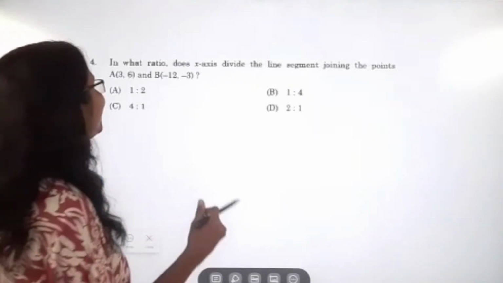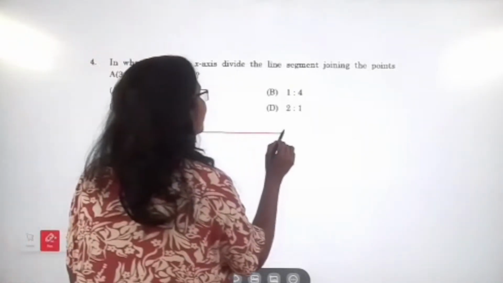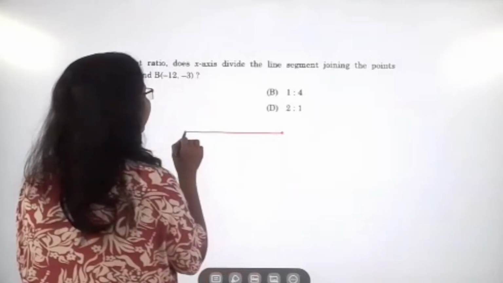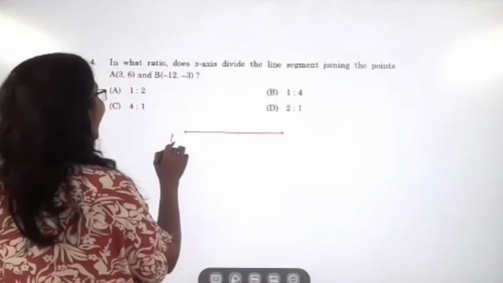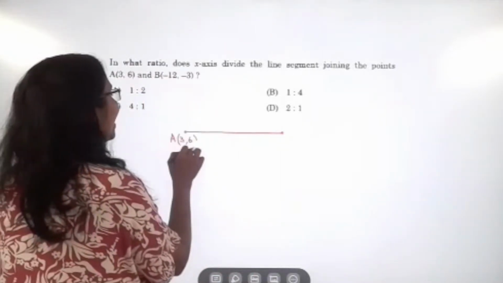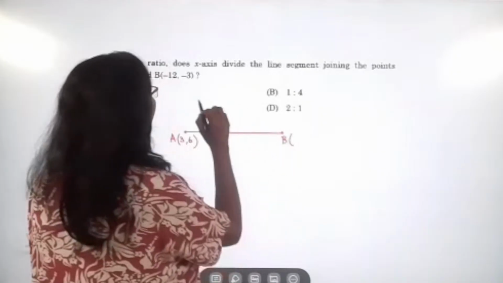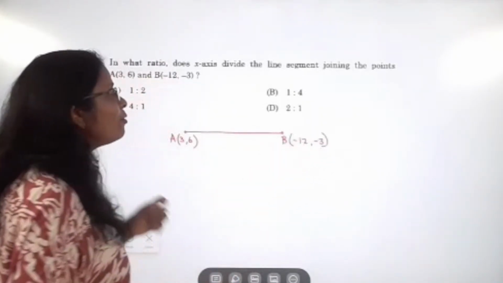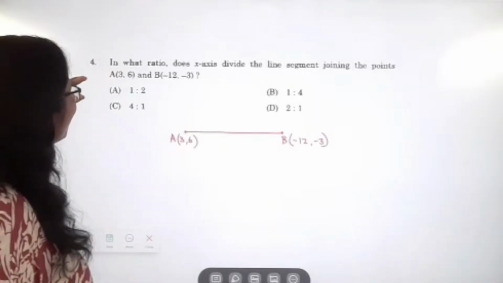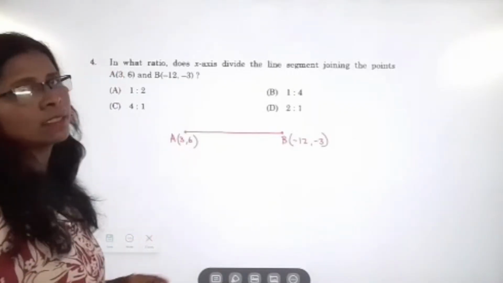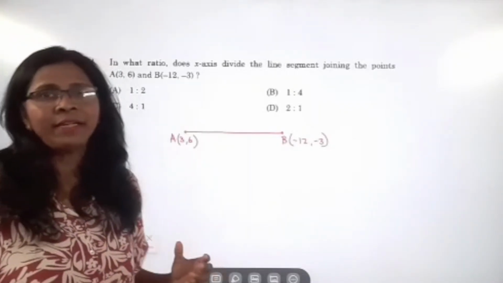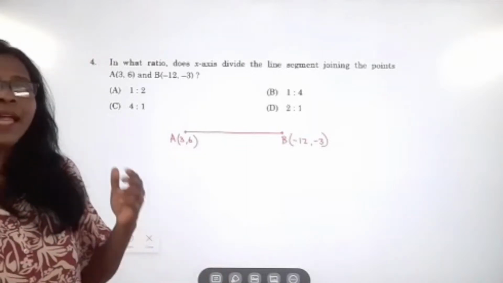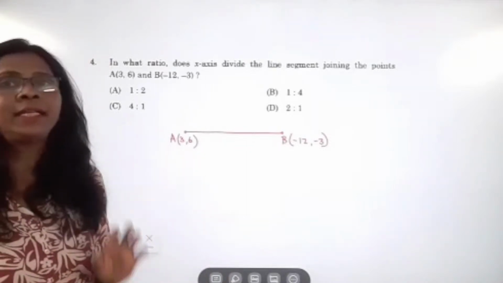That means here there is a line segment, and here is the point A(3, 6), and here is the point B(-12, -3). Now in what ratio does the x-axis divide? So here the x-axis divides this line segment.